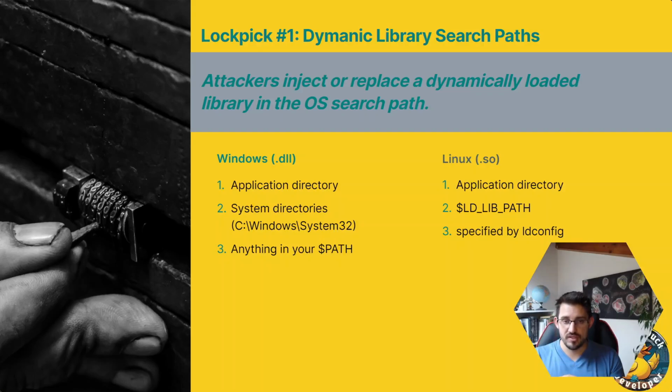One thing we have to understand is that if we place a library in a higher-priority search path, ours will be loaded. So just imagine somebody is using something like WinSock, or the C or C++ library I would use to create socket connections. Then when you dynamically load that, it won't pick the library from System32, but it will pick the one in the application directory and use that.